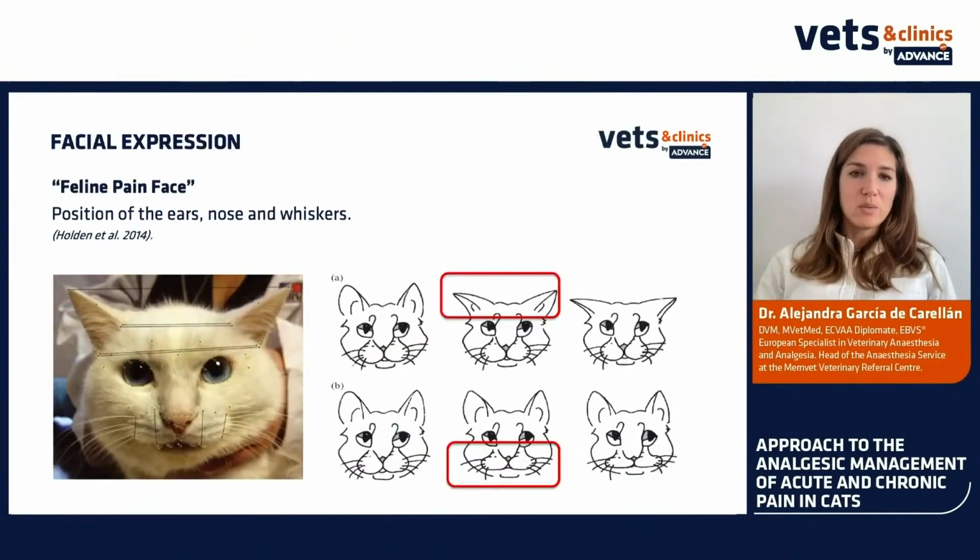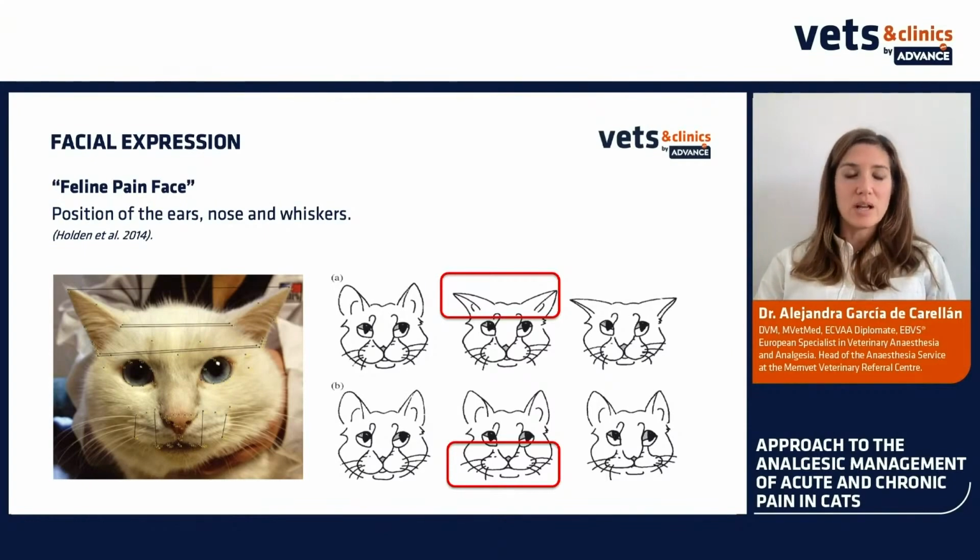Then, as I said before, there is a lot of research into these pain scales, and the feline pain face has been one of them. Basically, this has now been introduced into another pain scale, the University of Glasgow pain scale.